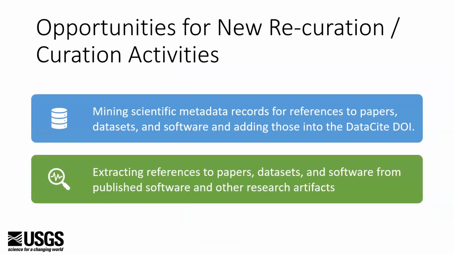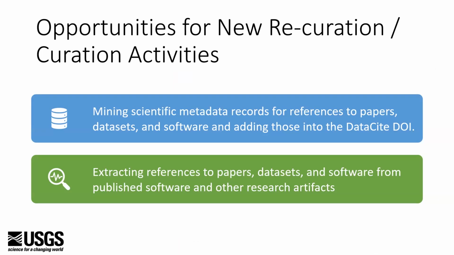For example, we require complete scientific metadata in the format of the Content Standard for Digital Geospatial Metadata or in the ISO 19115 format alongside our data sets. Within those metadata records, authors document source data sets, software, and other publications that were used to create the new data set. But we don't actually mine these scientific metadata for these references.